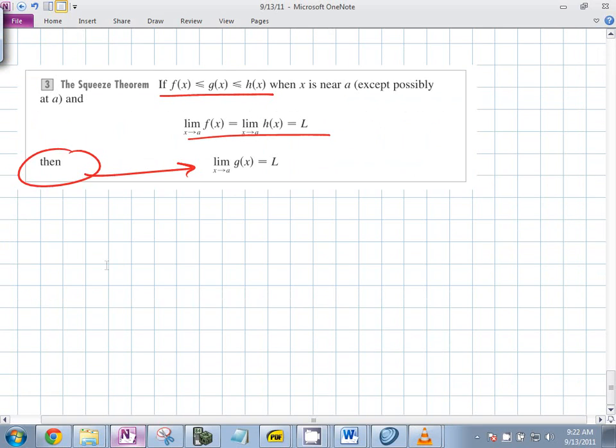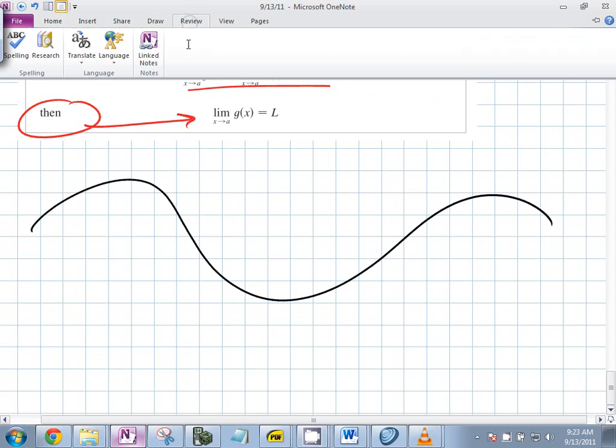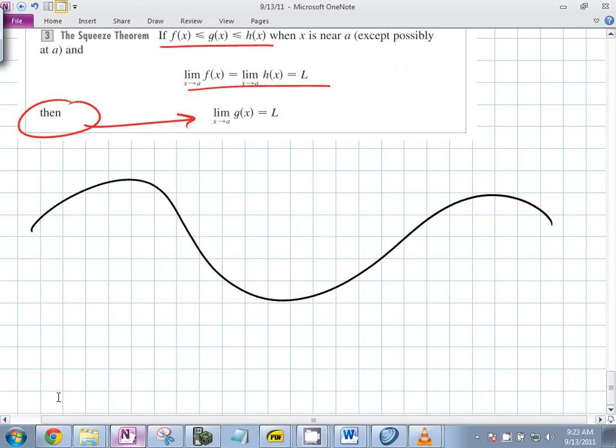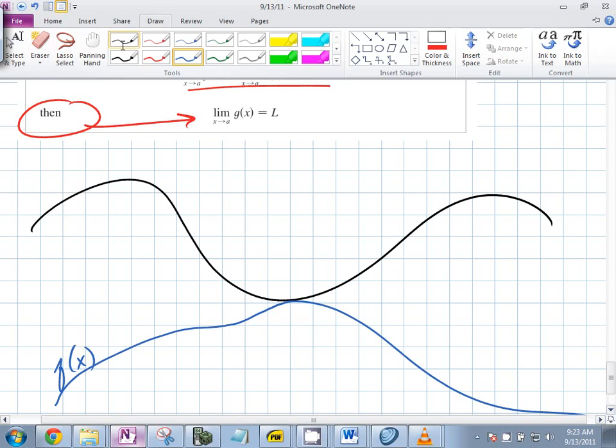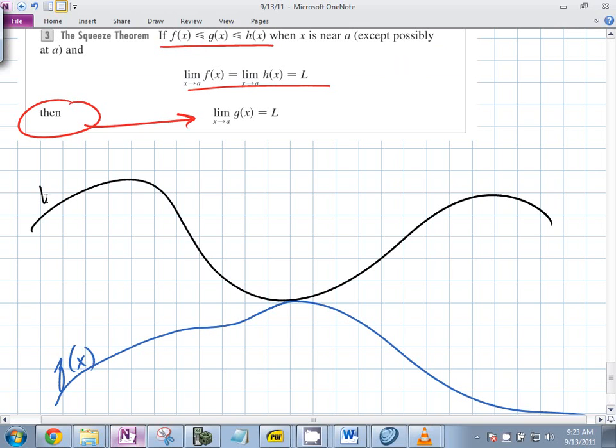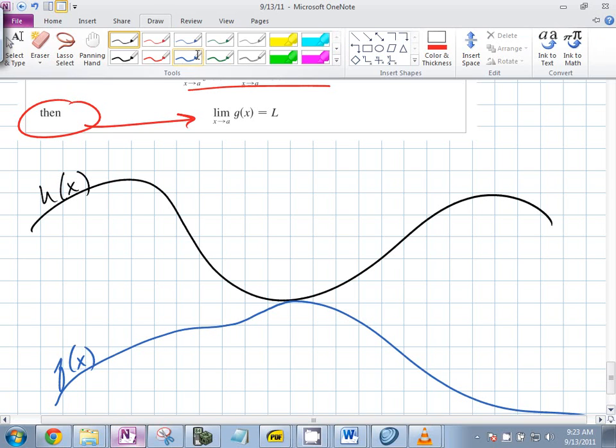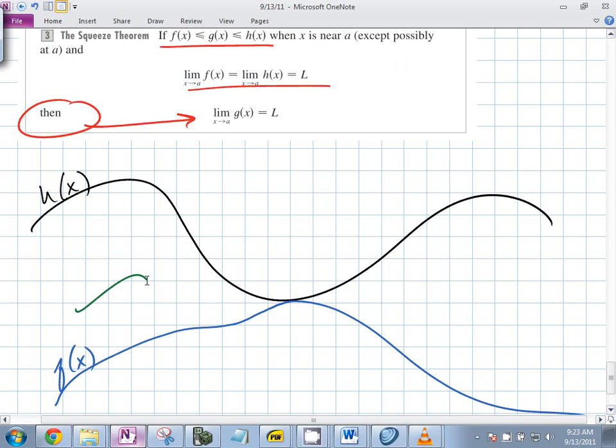So if your upper bound is h and your lower bound is f, so here's f of x, here is h of x, and you know that near here, outside of here maybe it goes outside, right?